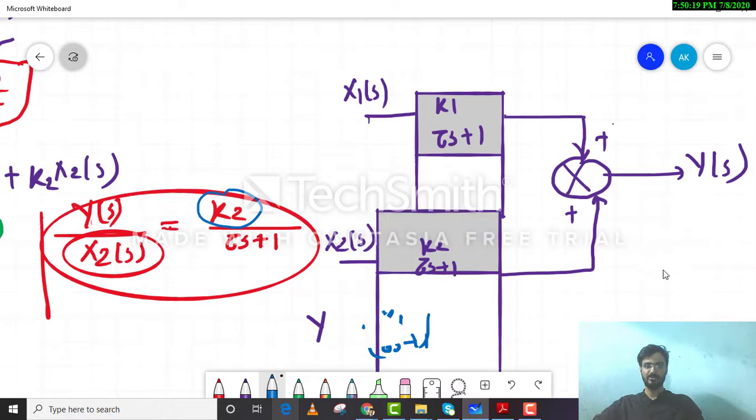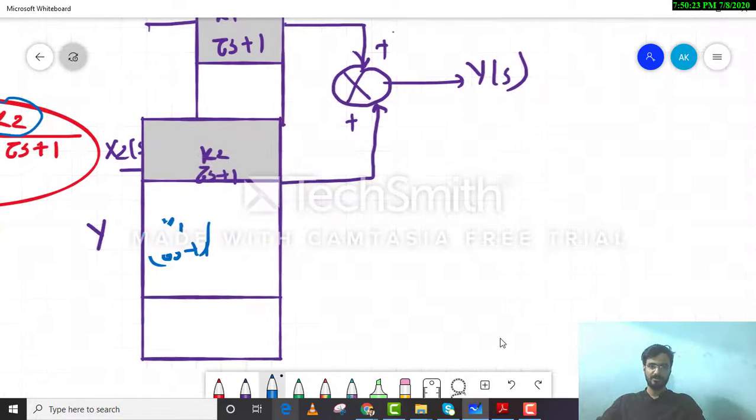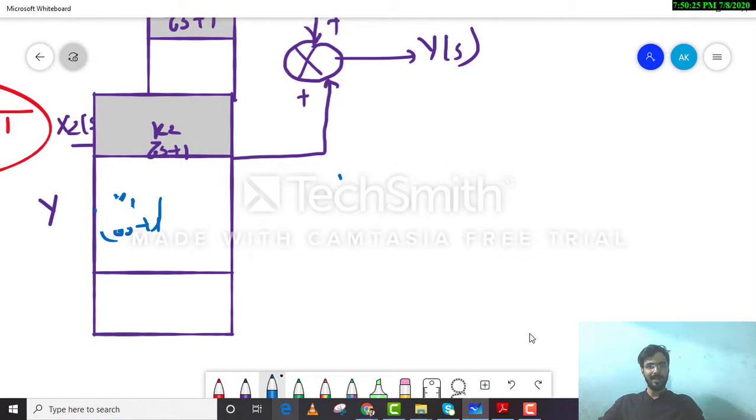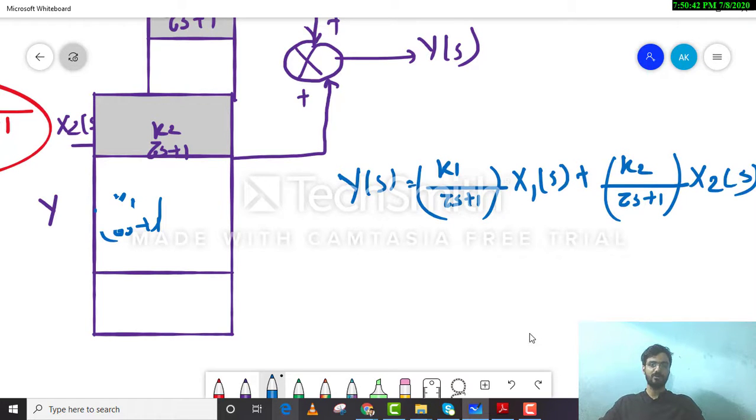I am just going to change it in this direction, then definitely it will be easy. So from here you will write Y(s) is equal to K1 upon tau s plus 1 into X1(s) plus K2 upon tau s plus 1 into X2(s). So this will be our output response.